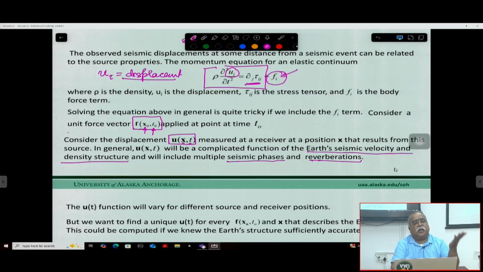Now, this recorded displacement, you can differentiate to calculate the velocity, you can differentiate to calculate the acceleration, and so forth. For example, like how we usually hear in the news, Africa is splitting.